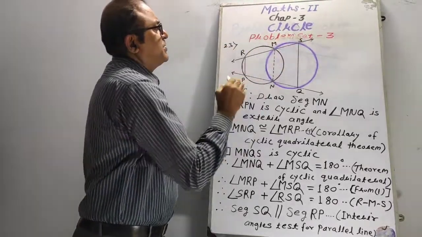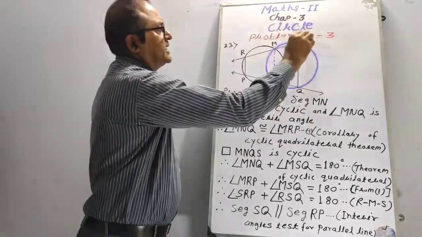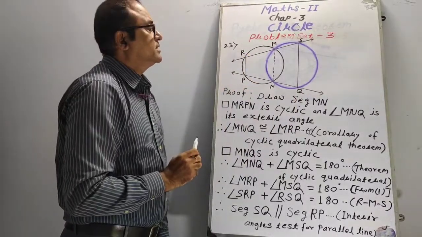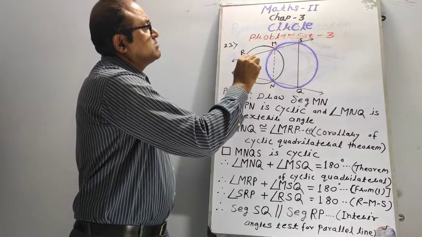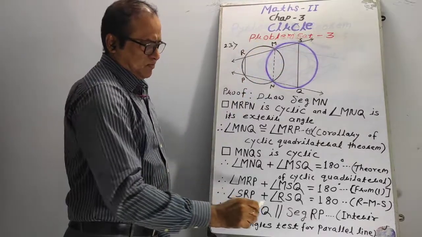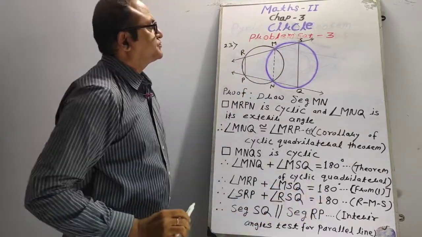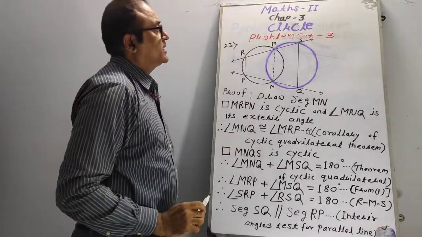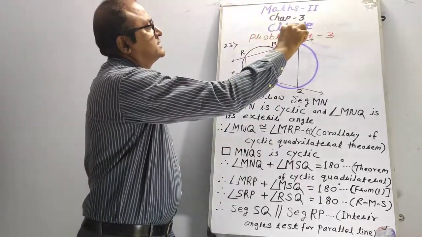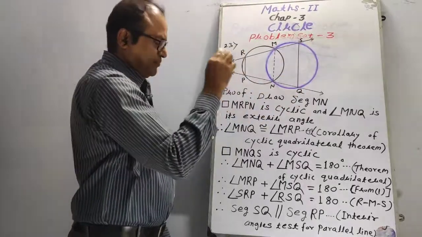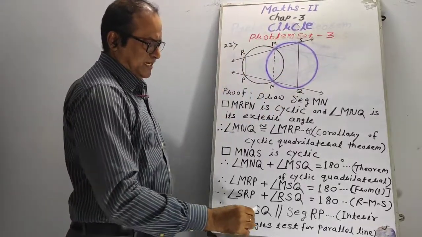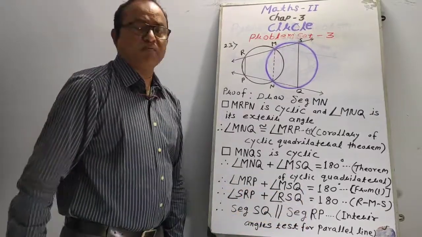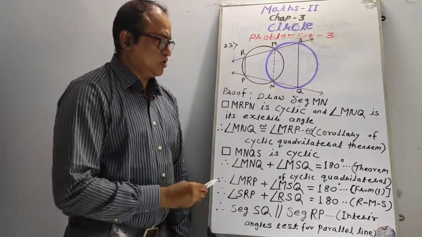Angle SRP and angle RSQ are interior angles, and the sum of the interior angles is 180. By the interior angle test for parallel lines, seg SQ is parallel to seg RP. Therefore, seg SQ is parallel to seg RP, by the interior angle test for parallel lines. All of you understood?